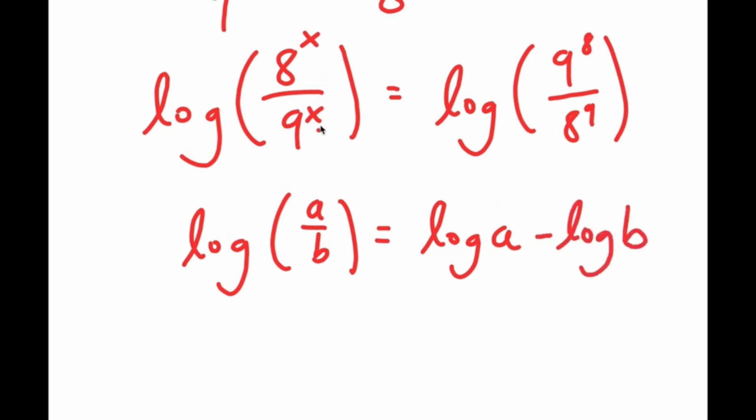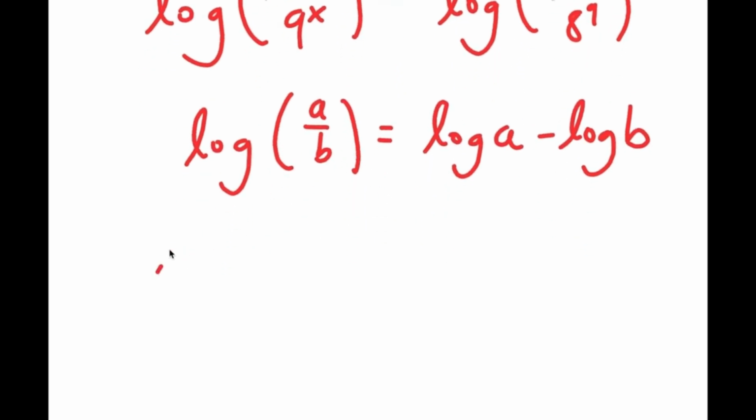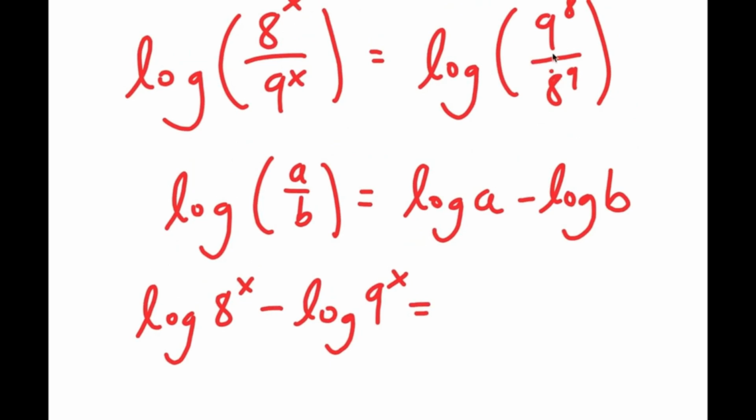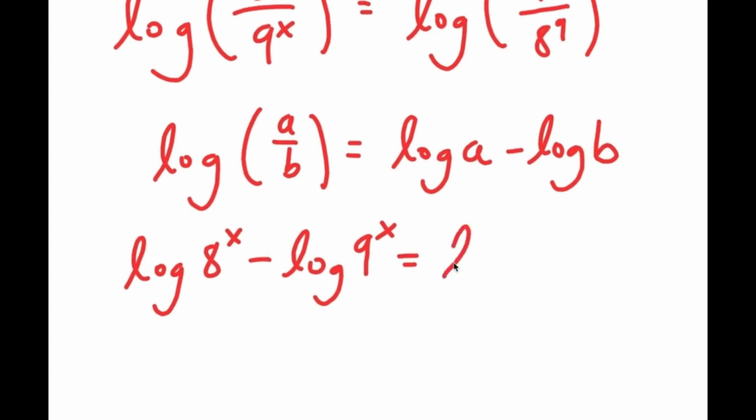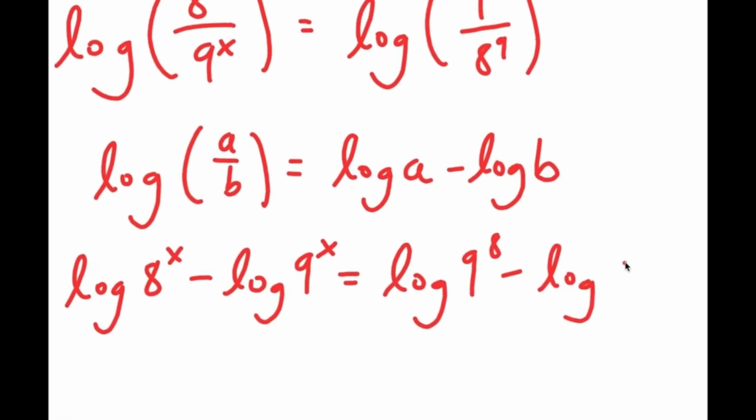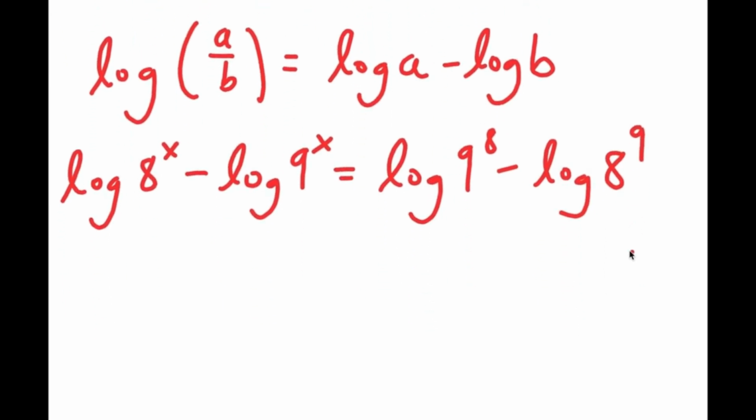So log 8 to the power of x over 9 to the power of x is going to equal log of 8 to the power of x minus log of 9 to the power of x, and I can use the same property for log 9 to the power of 8 over 8 to the power of 9 to make it equal to log 9 to the power of 8 minus log 8 to the power of 9.